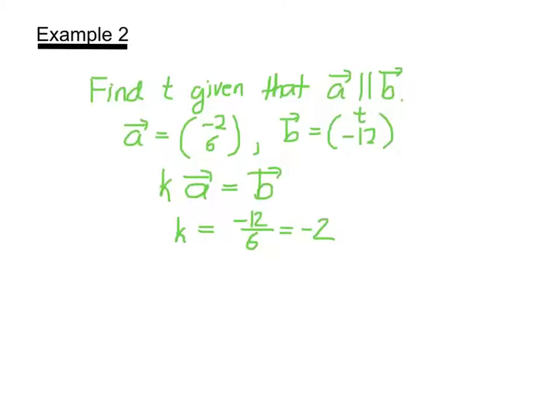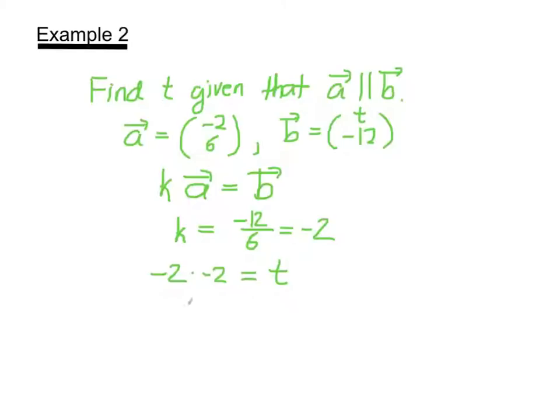Now I multiply the x component of A by the scalar k, which is negative 2, to get the x component of B, which in this case is t.